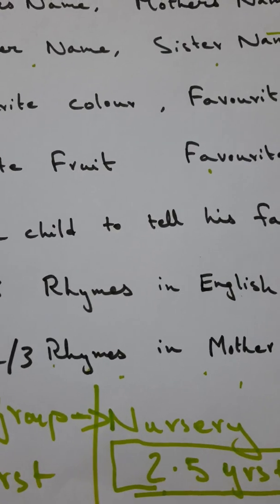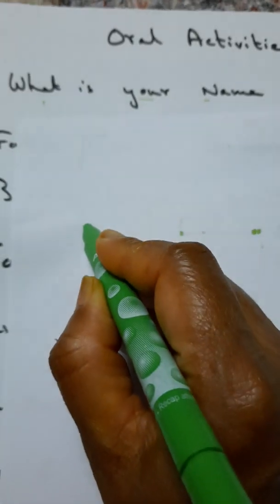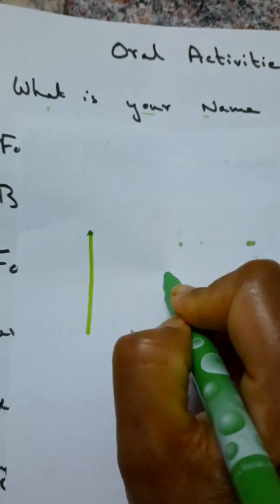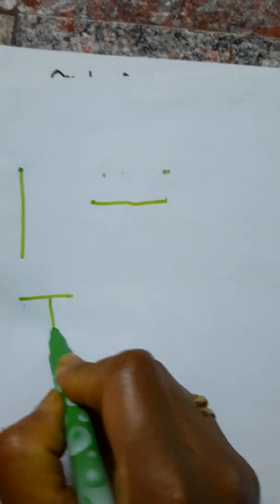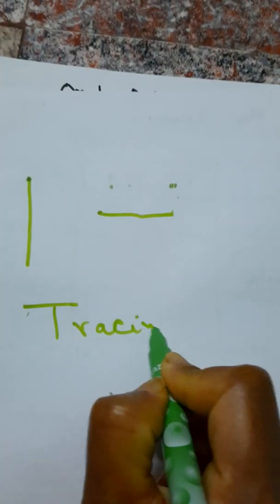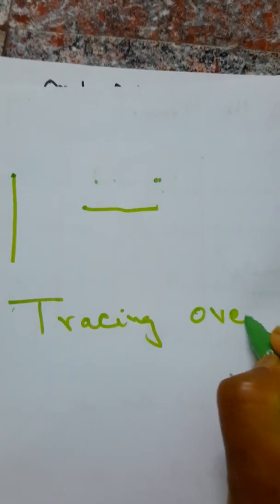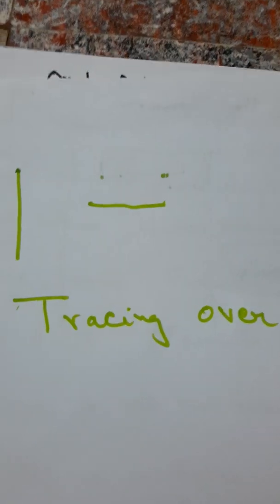So the child must master writing standing line and sleeping line, and also he must master tracing over the dots.